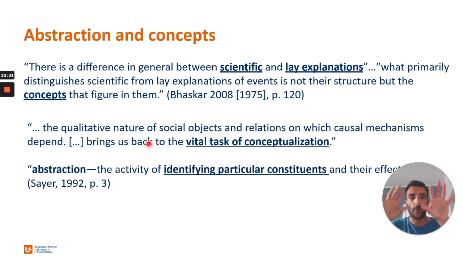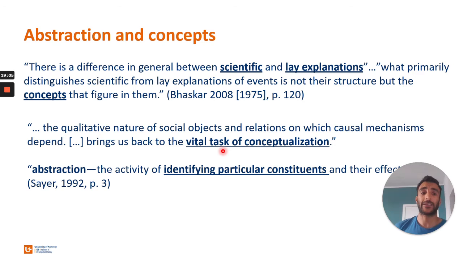Okay, now remark the analogies with the definition of a mechanism, right? We're talking here about identifying particular constituents and their effects. Abstraction is of course linked to conceptualization, right? The qualitative nature of social objects and relations, remember what Sayer said earlier, on which causal mechanisms depend, again, here's the thing which later became the system, brings us back to the vital task of conceptualization.